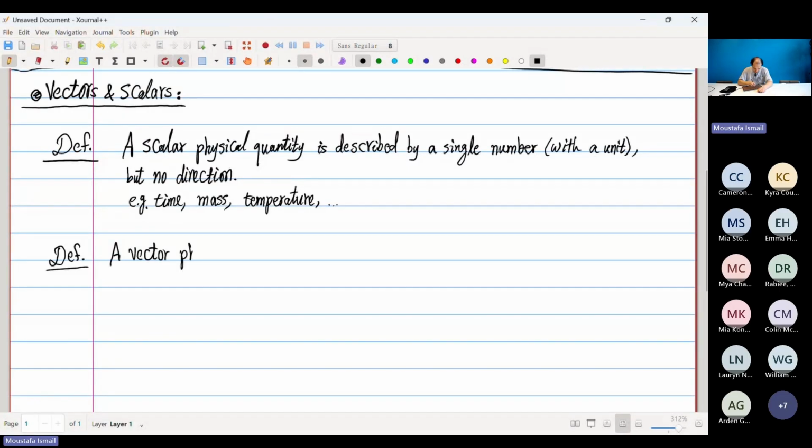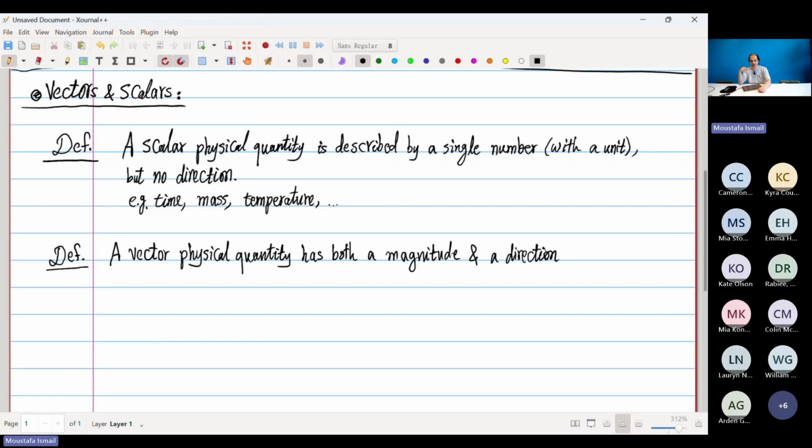A vector physical quantity has both a magnitude and a direction.